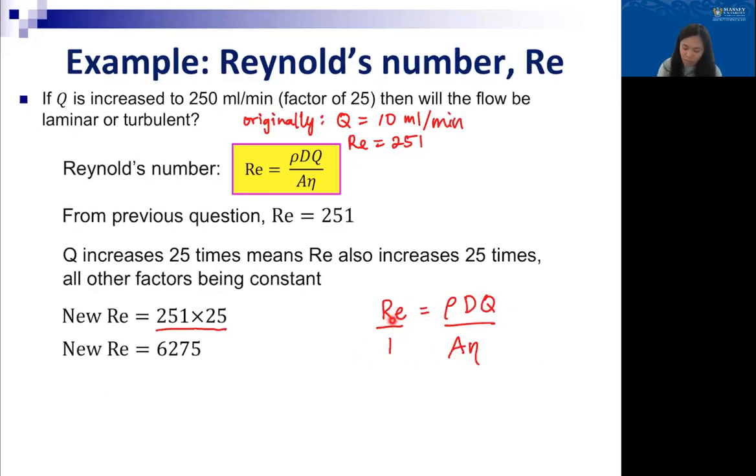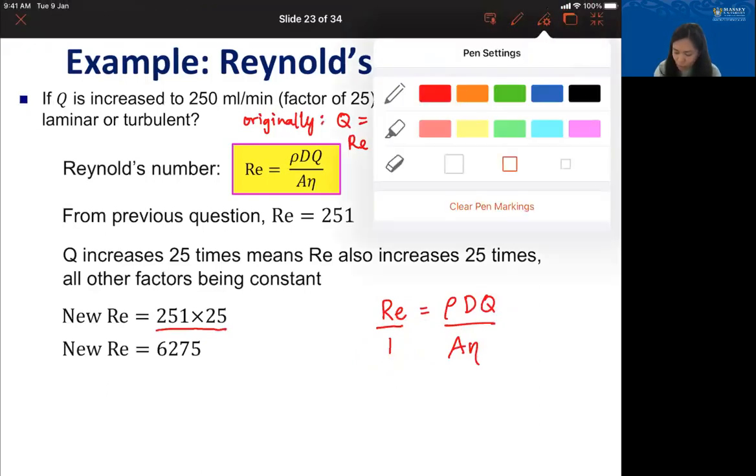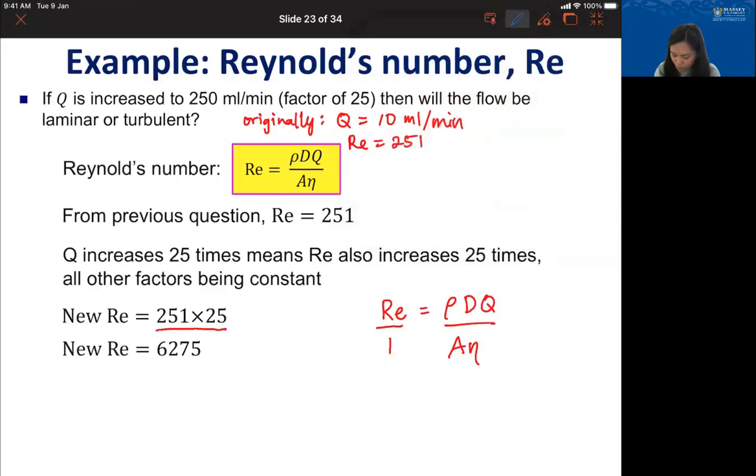You have RE divided by 1. That means if you're doing direct proportionality or inverse proportionality, you're comparing the quantity on top on the left with the quantities on top on the right, see? So this is direct proportionality, because they are both on top of the denominator sign.